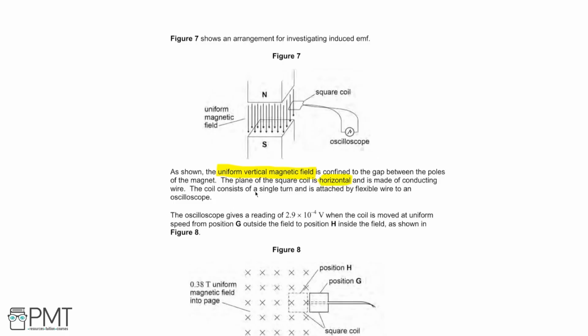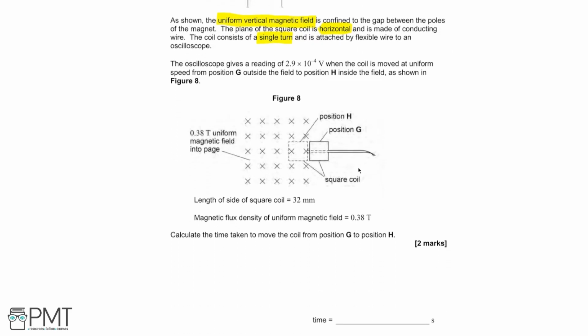The coil consists of a single turn and is attached by a flexible wire to an oscilloscope. The oscilloscope gives a reading of 2.9 times 10 to the minus 4 volts when the coil is moved at uniform speed from position G outside the field to position H inside the field, as shown in figure 8.